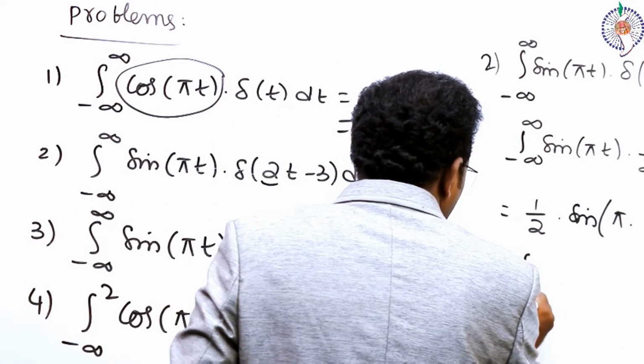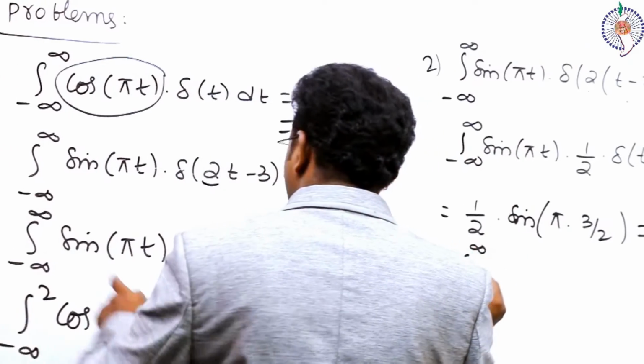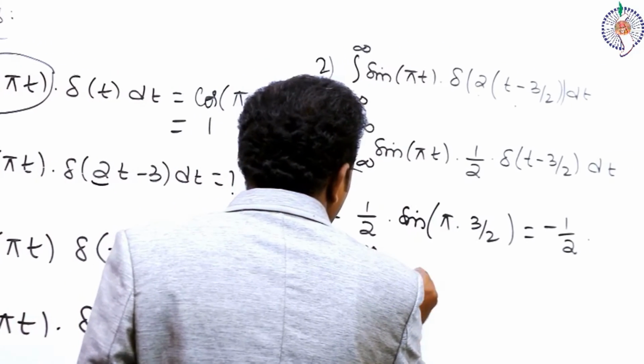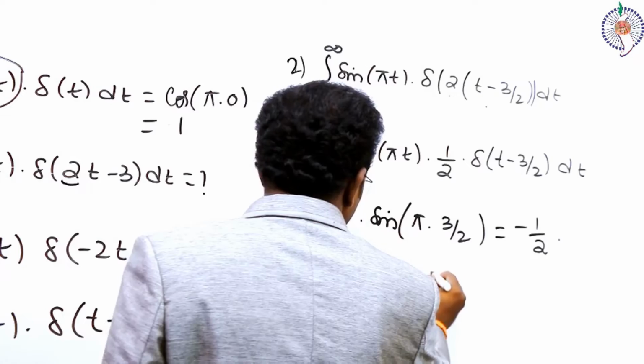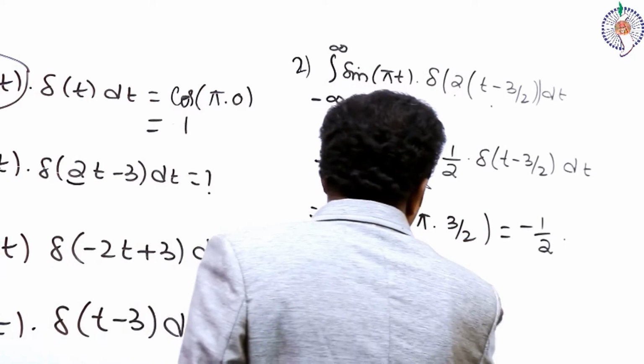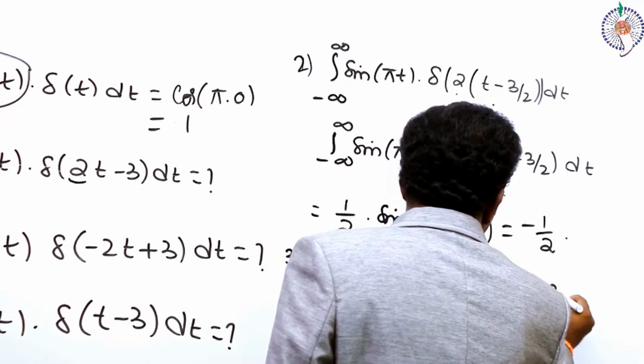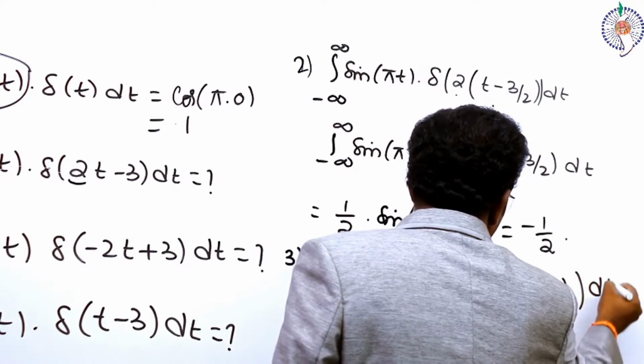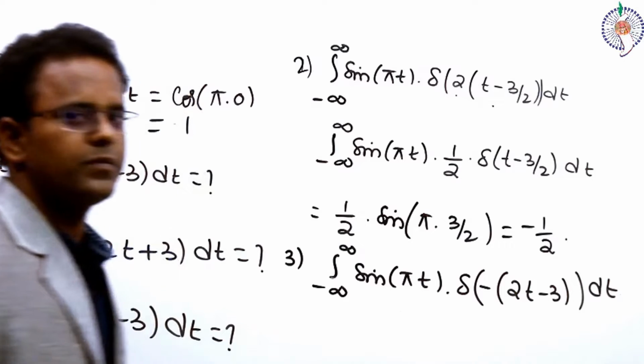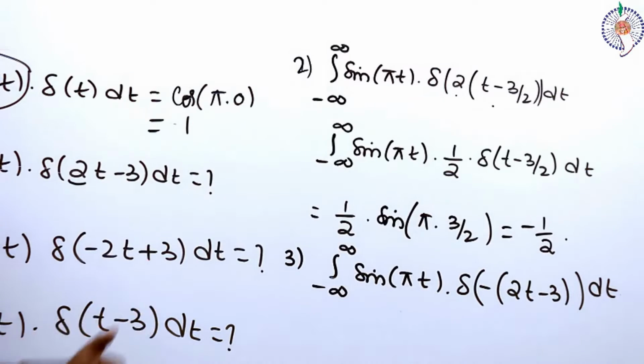So integral minus infinity to plus infinity sin pi t into delta of, take minus common, so 2t minus 3 into dt. Just I take a minus common.